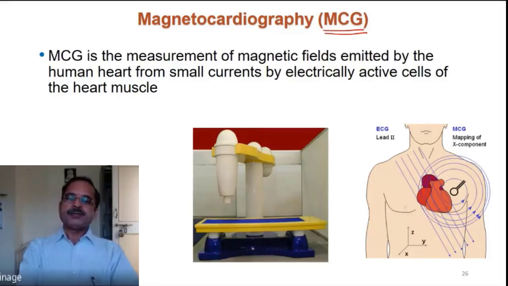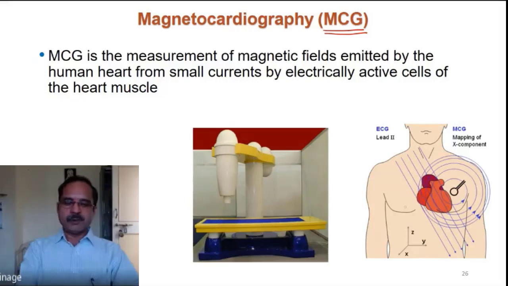Whenever some electrical activity occurs, ionic currents are flowing because of the different concentrations. And as electronics engineers, we know that whenever there is a current, there is a magnetic field.